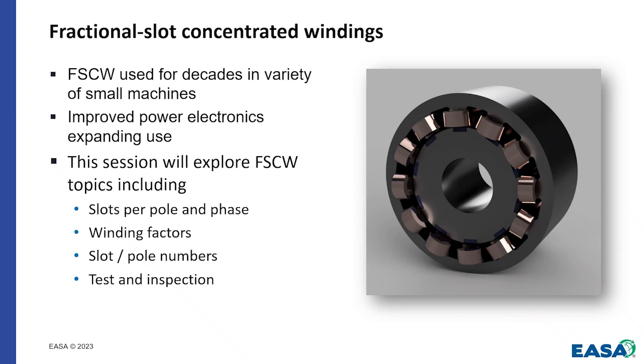If you use the ESA redesign program or the old blue book, you see these numbers when you go through typical windings. Then we'll talk about some tests and inspections we can do with fractional slot concentrated winding machines that are a little different from what we might do with the typical stock induction motor.